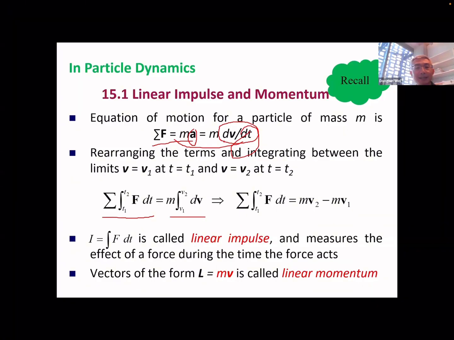The left side will be called linear impulse for a particle. Linear impulse measures the effect of a force in a time duration, for example t1 to t2. But what is this effect? The effect is to change the velocity of a particle.